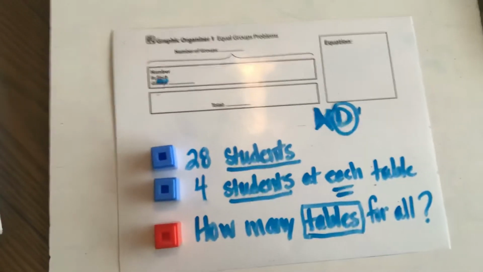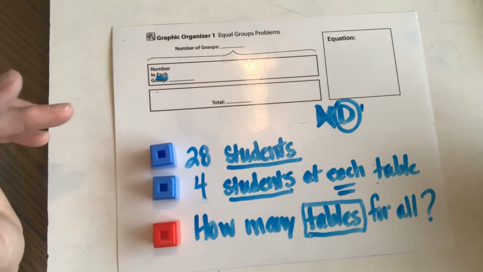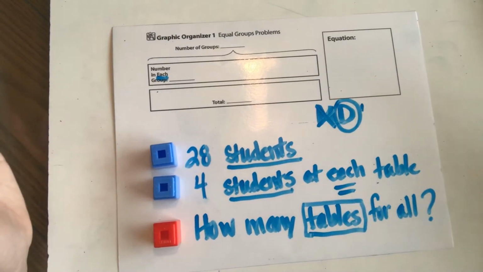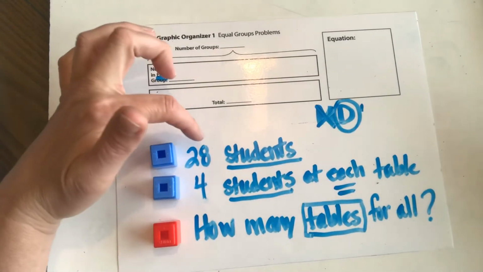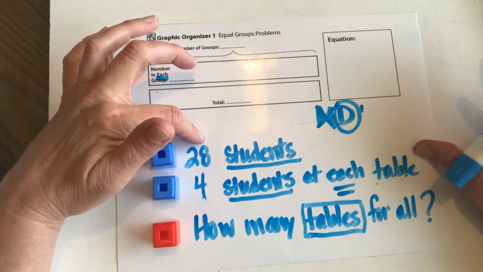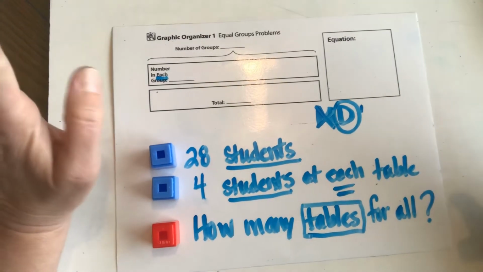But let's say while I'm working, I forget that. And let's go through this and decide if multiplication is actually what we want to do. If I have 28 students, well, that's not going to work. Never mind.